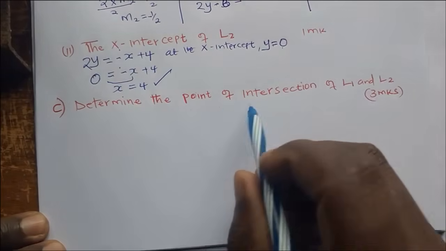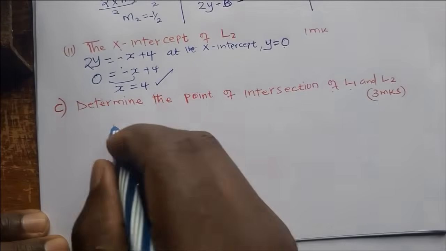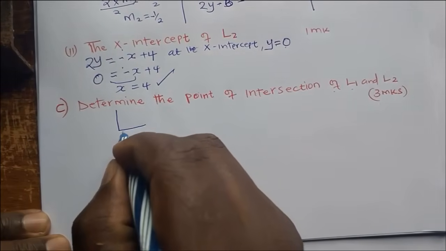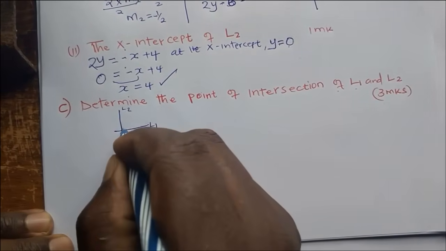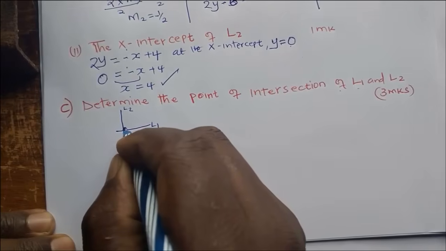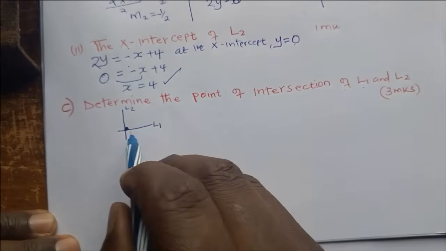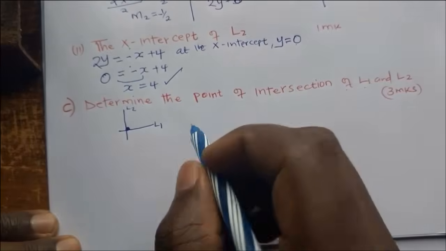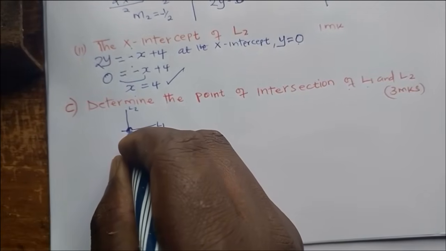Determine the point of intersection of L1 and L2. These two lines are meeting. So at this point where L1 and L2 meet, the value of y is going to be the same. So you can now solve the two equations simultaneously and you get the point of intersection where they are meeting. So take the equation of L1.